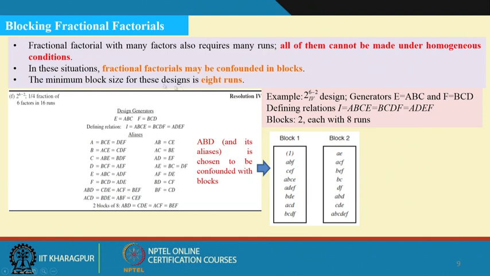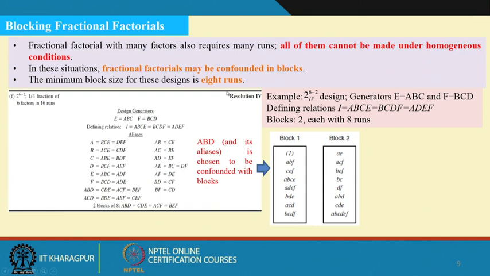Okay. So in fractional factorials, some of the effects will be confounded with blocks. So in the 2 to the power 6 minus 2 case, suppose we require 8 runs per block. Suppose 16 runs we require here, and we require 2 blocks because our capability is 8 per shift, or 8 per batch of raw material, or depending on availability of operator.